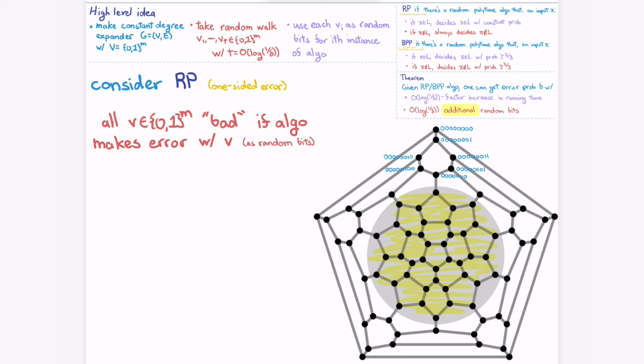If it's constant, like probability 1/2 error, then I know that the bad divided by all the vertices is at most like 1/2, right? So you have bad luck, and your first vertex is in the bad region. But as you randomly walk around, you're hoping you escape the bad region, right? As soon as you get out of the bad, you'll get your final good instance.